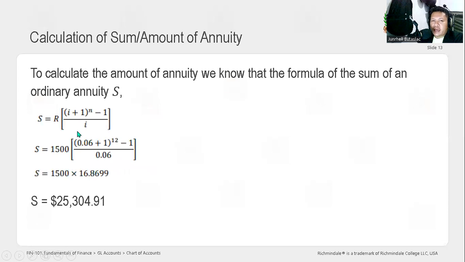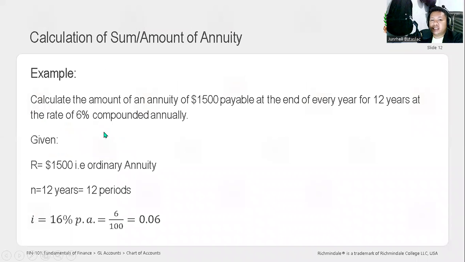Next, to calculate the amount of annuity, we know that the formula for the sum of an ordinary annuity is S = R [((I + 1)^n − 1) / I]. So we replace the value of R, which is 1,500.